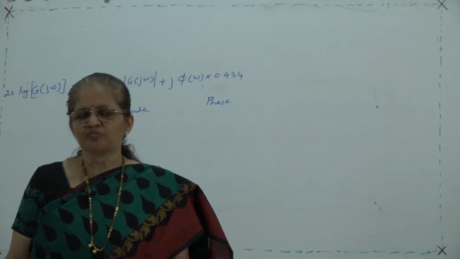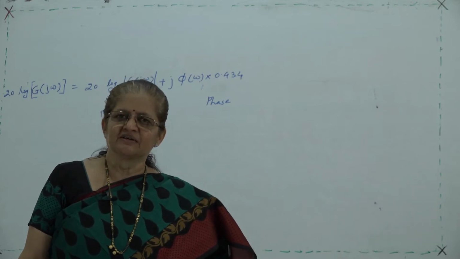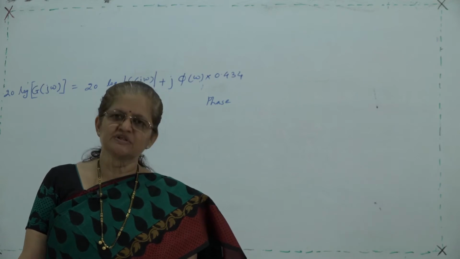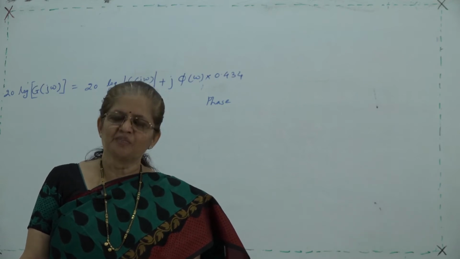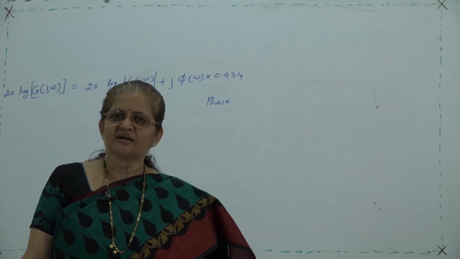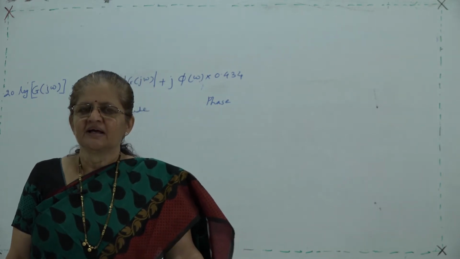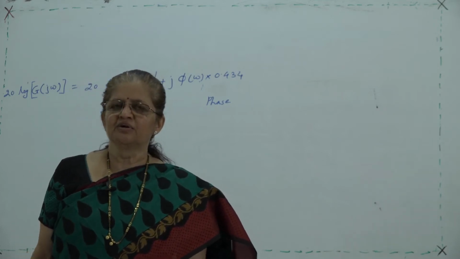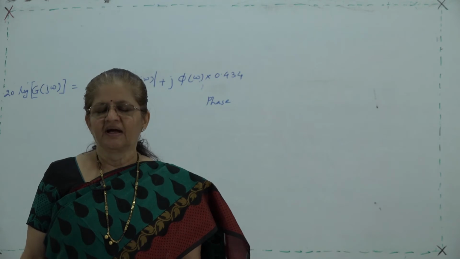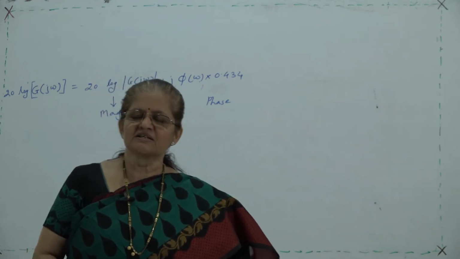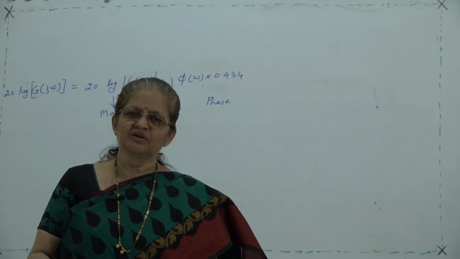The second advantage of the Bode plot we will see now. Suppose the transfer function has a number of zeros, a number of poles, complex poles, all together. All of these are multiplicative terms. As we are taking the logarithm, all multiplicative terms become additive, and we can get the Bode plot separately for each term and combine them together.